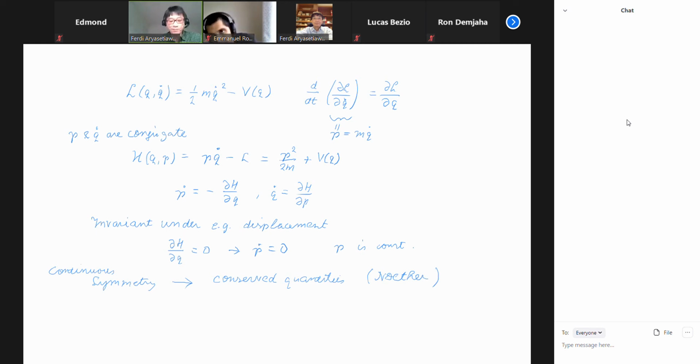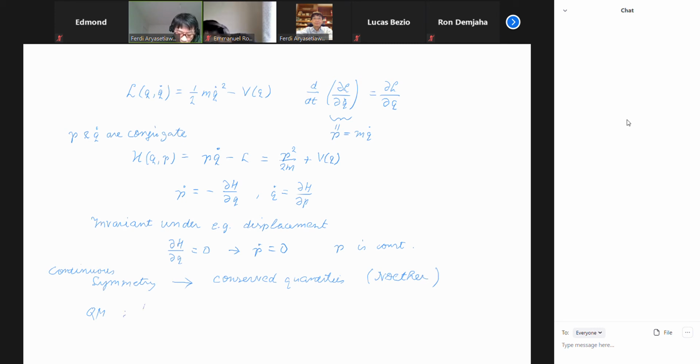This is the consequence of symmetry. In quantum mechanics, there are actually two important consequences of symmetry. First is the concept of conserved quantities, like in the classical case. Apart from conserved quantities, usually symmetry is also associated with degeneracy.